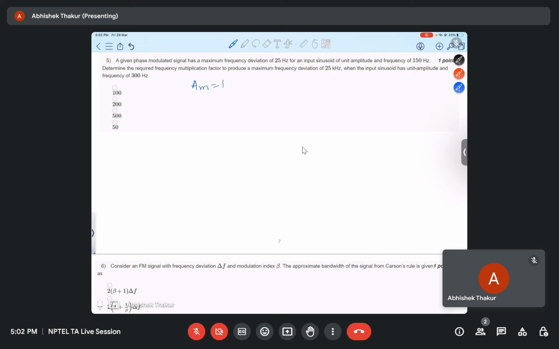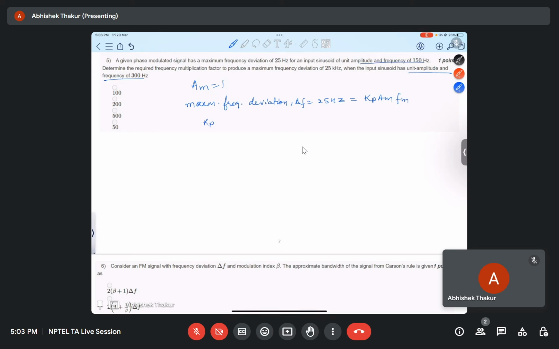So this given phase modulated signal has a maximum frequency deviation. The maximum frequency deviation, that is delta f, is given as 25 Hz. That can also be written as kp Am fm. So Am is 1 and fm is given as 150 Hz.